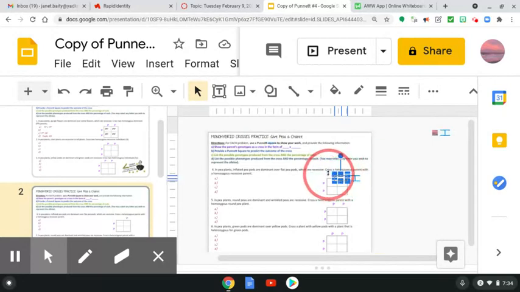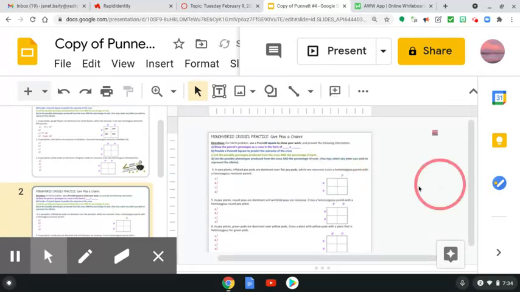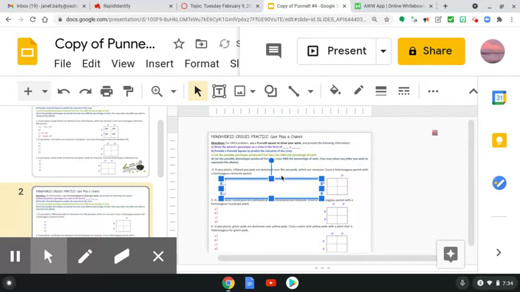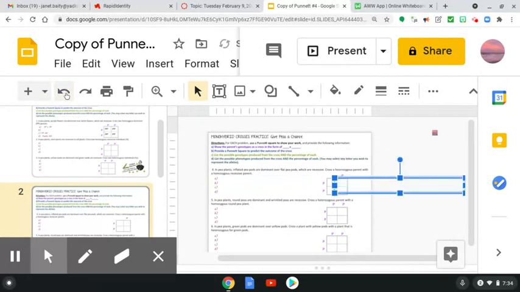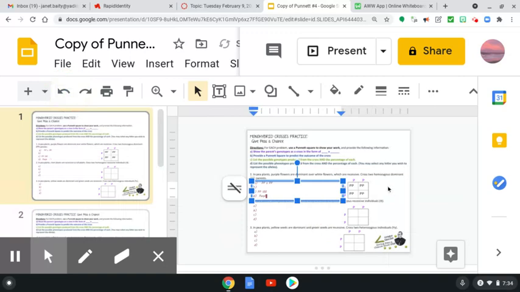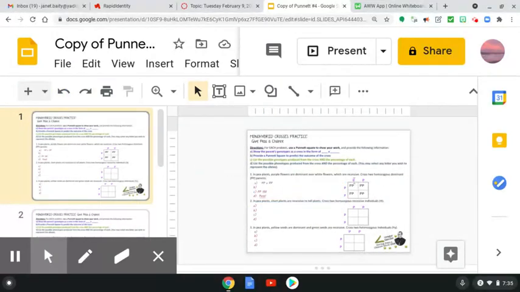Okay, this is getting on my last nerve. What I'm going to do is undo that. I wonder if I undo this enough that it will actually work. There you go.